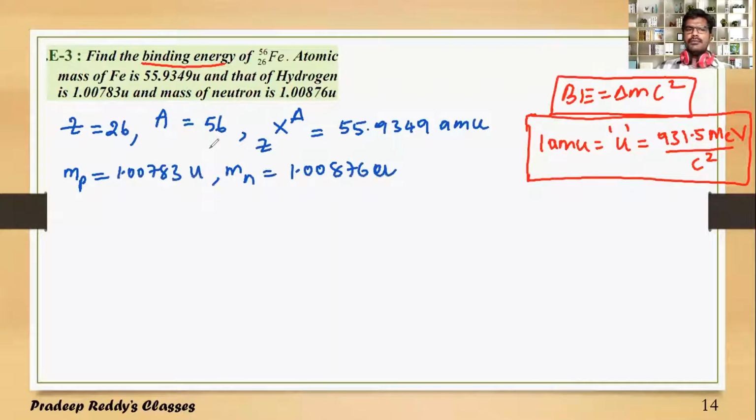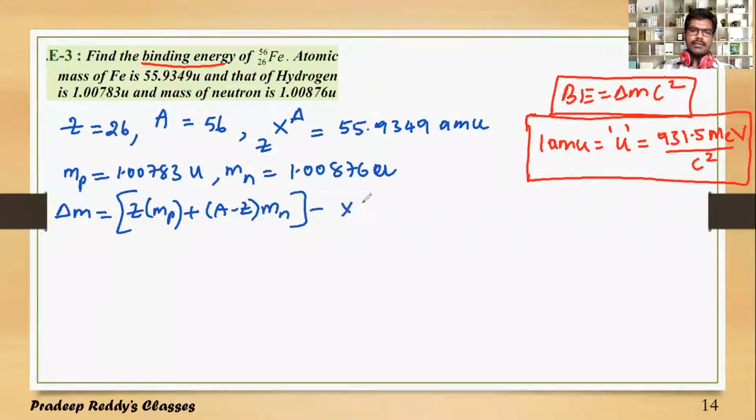Now, in order to find out binding energy, you should first calculate mass defect. Mass defect delta M is equal to Z times mass of proton plus (A minus Z) times mass of neutron minus actual mass of the nucleus.